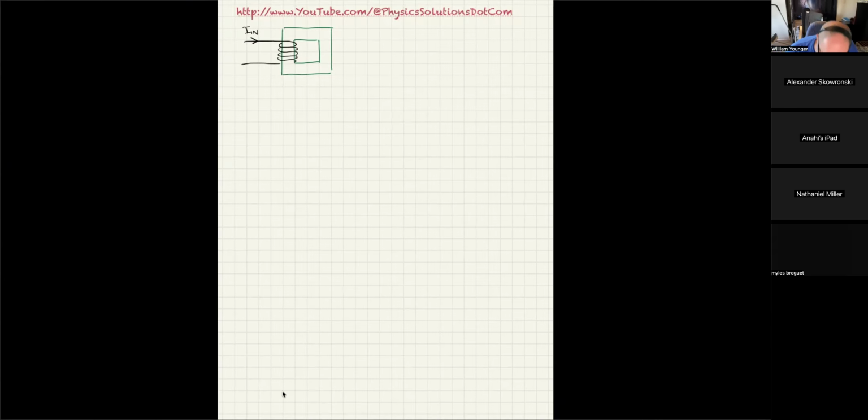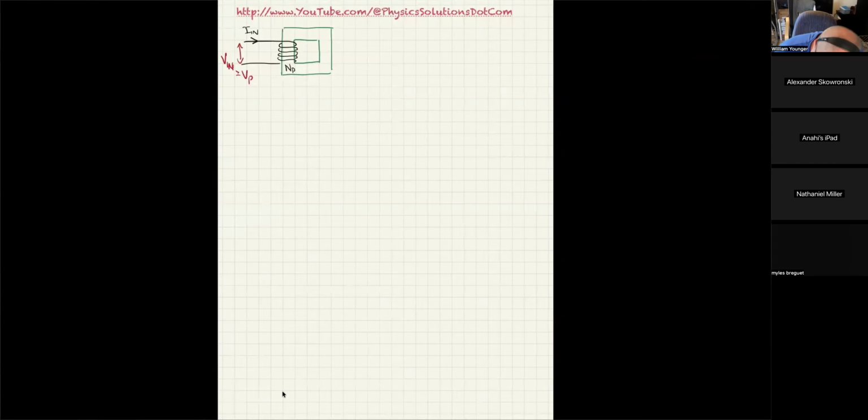And this would be N sub P turns. Okay. Not only that, we would argue, and this looks kind of funny, but this is common, this is what we call V_P or V primary, just like N_P means the number of turns on the primary side.